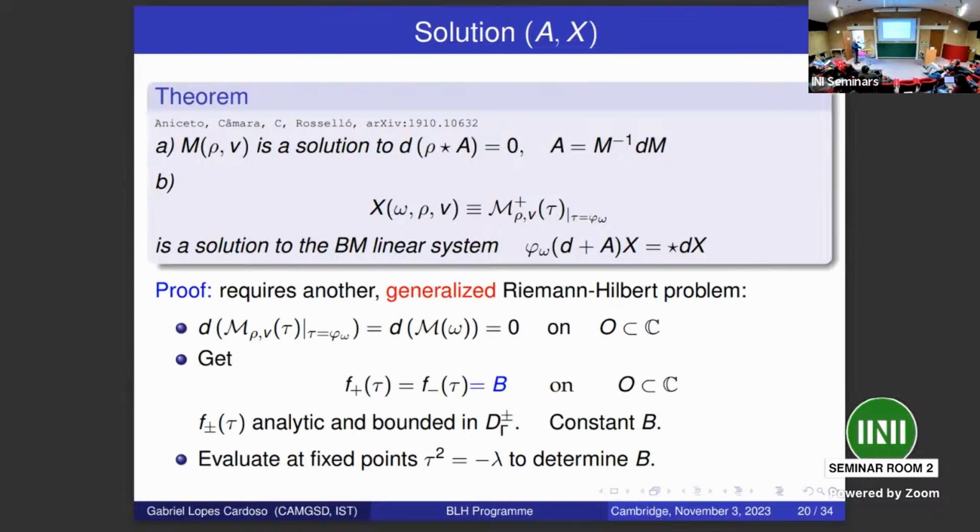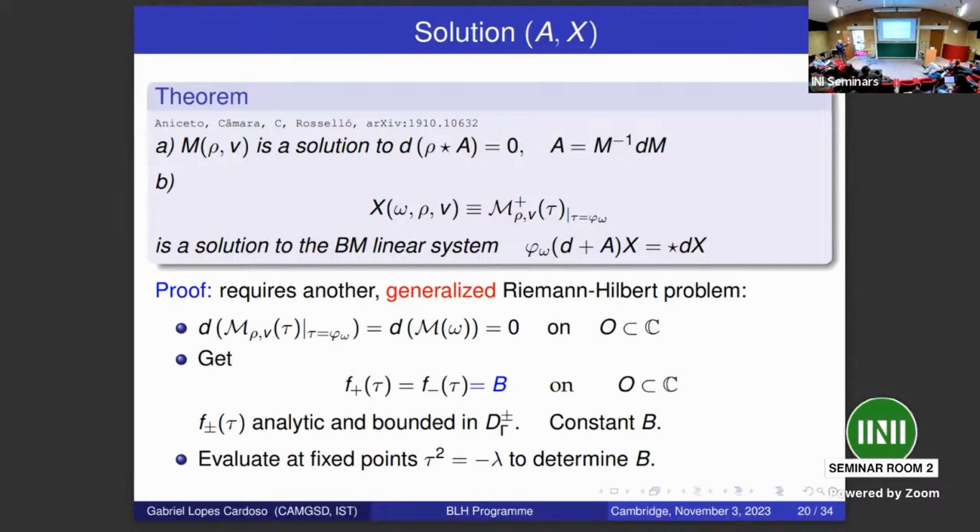This is a Liouville problem. It tells you that you have an analytic function f, and therefore f plus equals f minus on the curve tells you that they have to be equal to a constant, and using this, you prove that theorem.